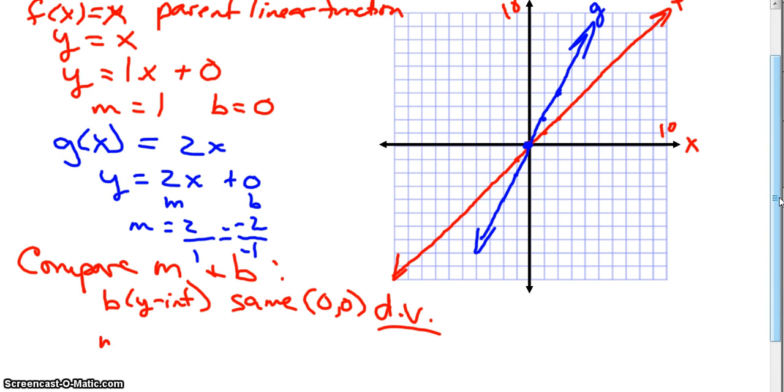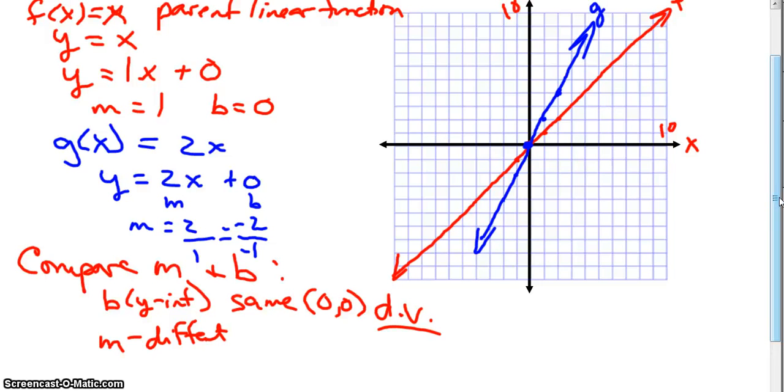Okay, the other thing we compare is slope. Are the slopes the same here? No, these are different. And so what happened when we moved from the parent function, the red one, to the blue function? Did we get flatter or steeper? Steeper, okay? So when we get steeper, there's a name for that transformation. Do you remember what we said yesterday?